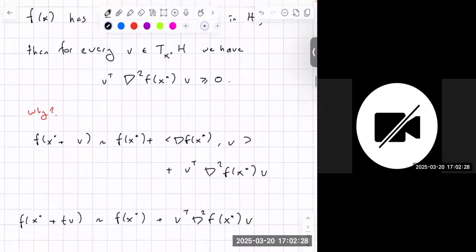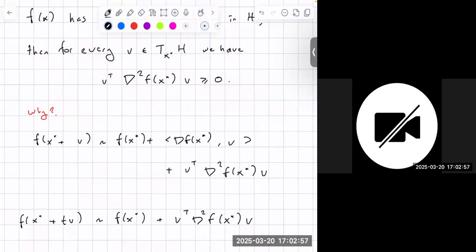And why does something like this happen? It's actually easy to reason from Taylor. You do your Taylor expansion. I'm trying to perturb my point in this direction V, and I'm trying to see if I can make the function smaller. When you do your Taylor expansion, you see this. And our first order condition already says this part should be 0, right? My gradient should be orthogonal to all the tangents. If this is 0, what you're left with is only the second order term.